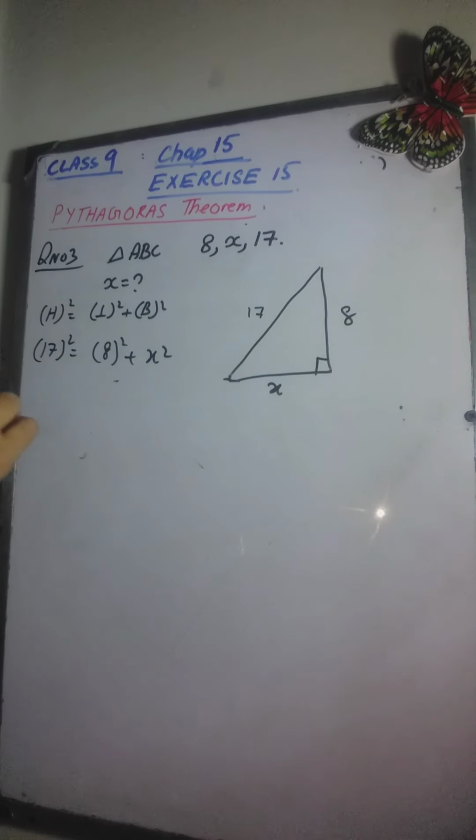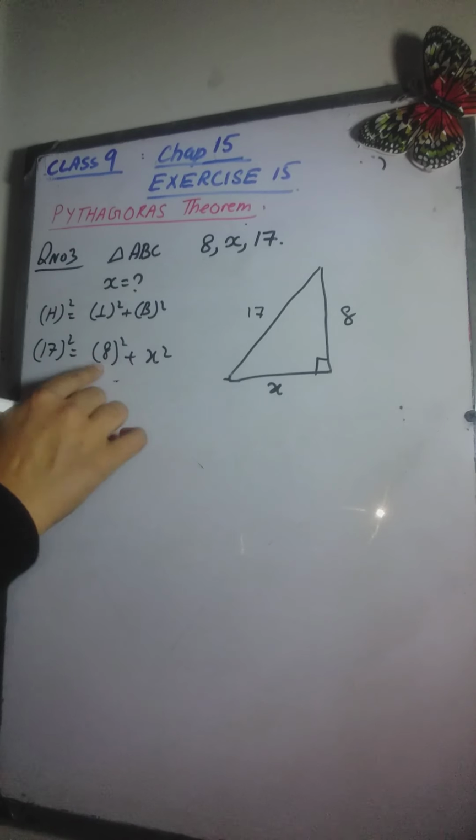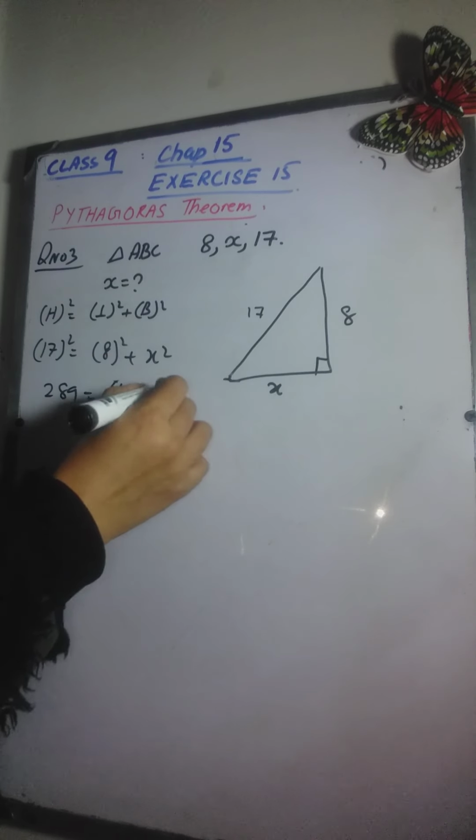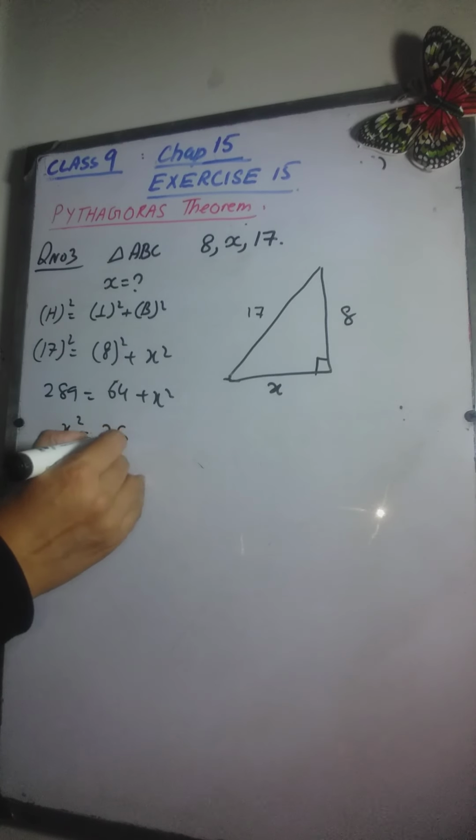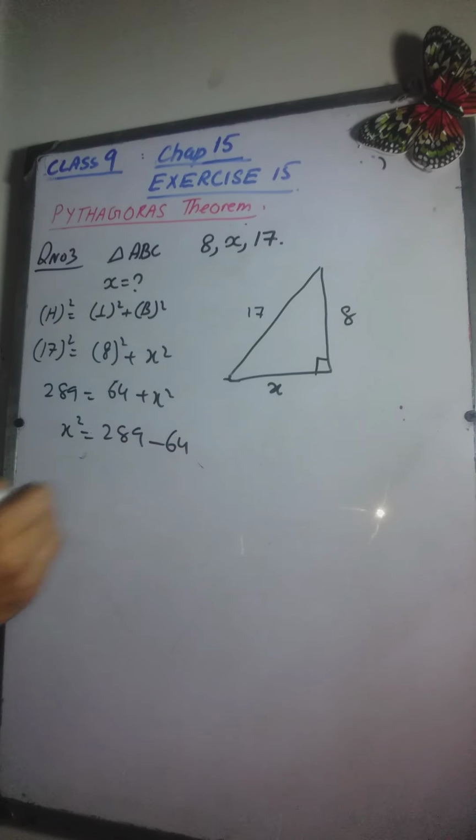Now 17 square is equal to 289, and 8 square is 64. So x square is equal to 289 minus 64.